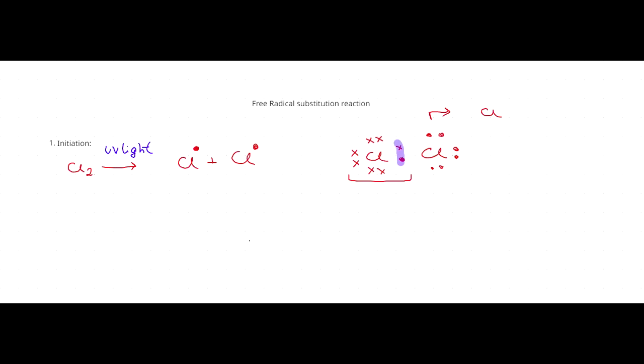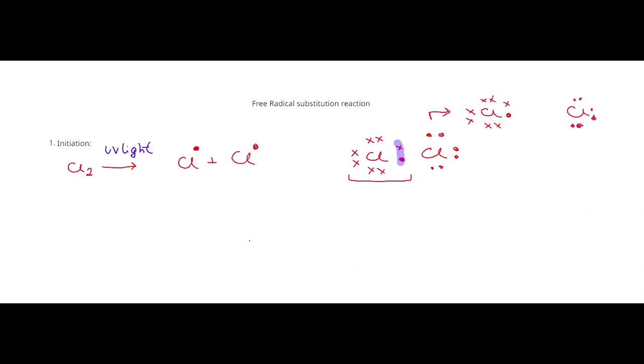So one chlorine atom will keep both of the shared pair of electrons like this. The other chlorine atom now has fewer electrons.